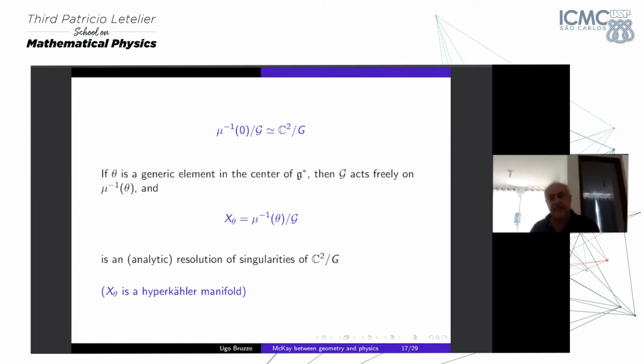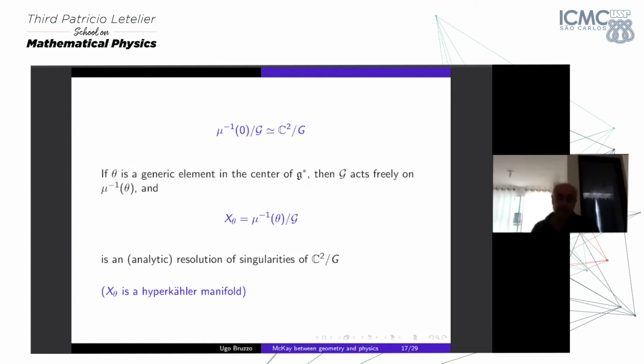And then the idea is that you desingularize the quotient by perturbing the zero level set of the moment map. In particular, what you can prove is that if you take a generic element in the center of the dual of the Lie algebra, then the group G, usually called the gauge group, acts freely on the level set.